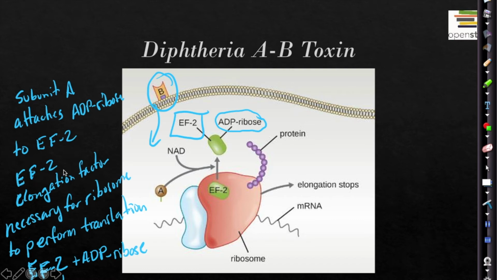When that elongation factor, EF2, is ADP ribosylated, when it has ADP ribose added to it, that causes the ribosome to stop. So because that ribosome then stops, you no longer have protein translation. So you're no longer making proteins. If you're no longer making proteins in that cell, eventually that cell will die.